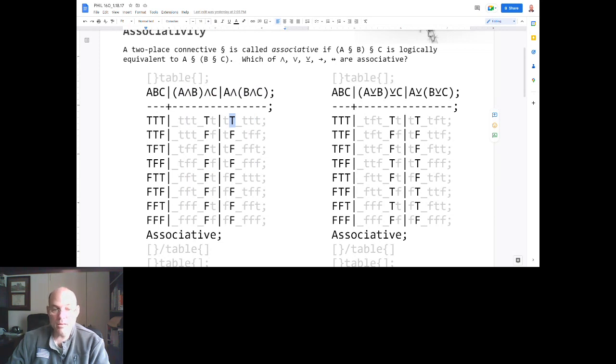And because they map over each row, TT, FF, on any given row the resulting logical value is the same. And so that means that it didn't matter where the parentheses were. And so it's associative.